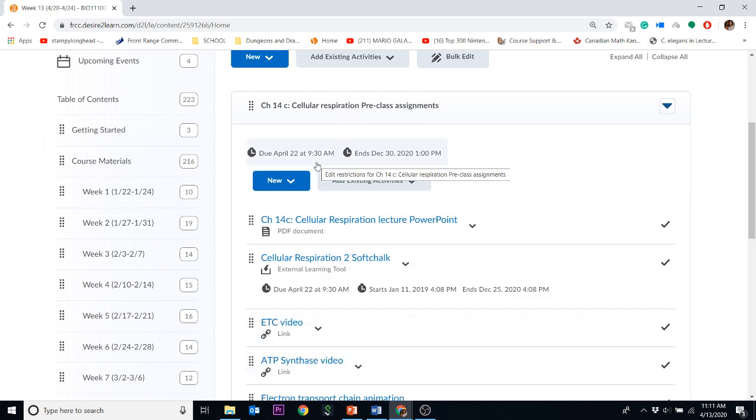The 22nd. Yep, and you're right. So actually cellular respiration. Today we talked about metabolism, so that's kind of the beginning of cellular respiration. And then we have the two main parts that talk about the different steps in cellular respiration. So yeah, on the 22nd, that is the last class on cellular respiration.